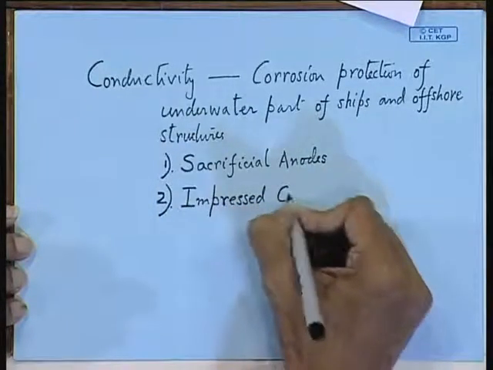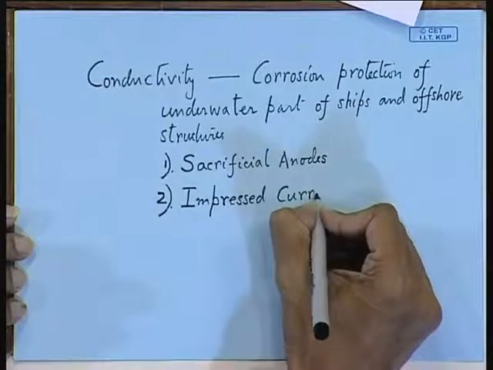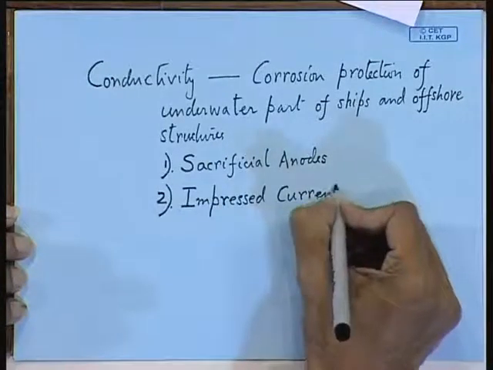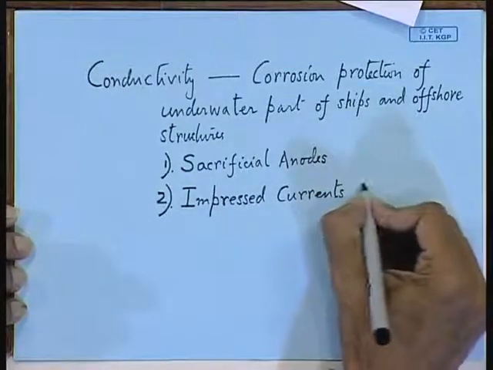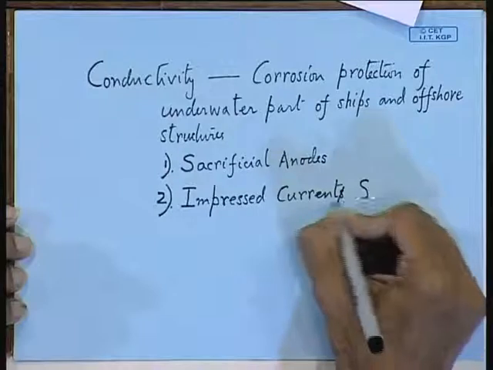So these are the two methods of corrosion protection of the underwater hull of the structure, impressed current system.